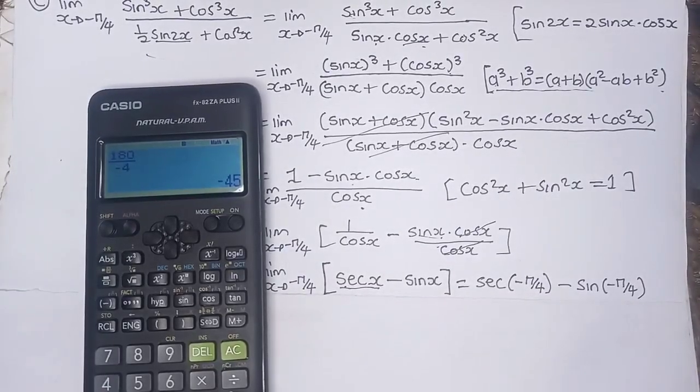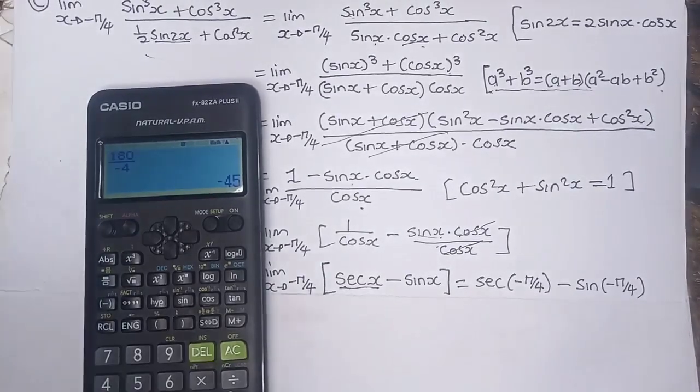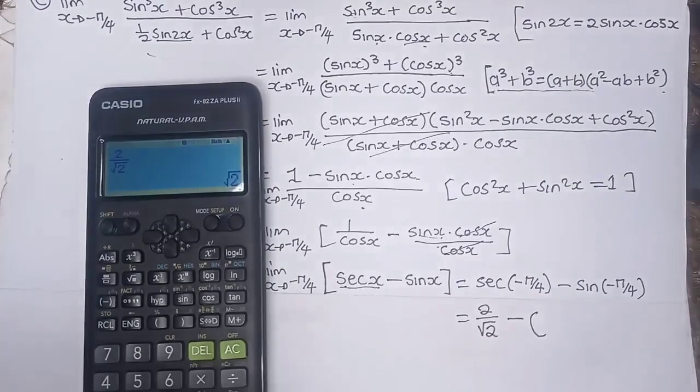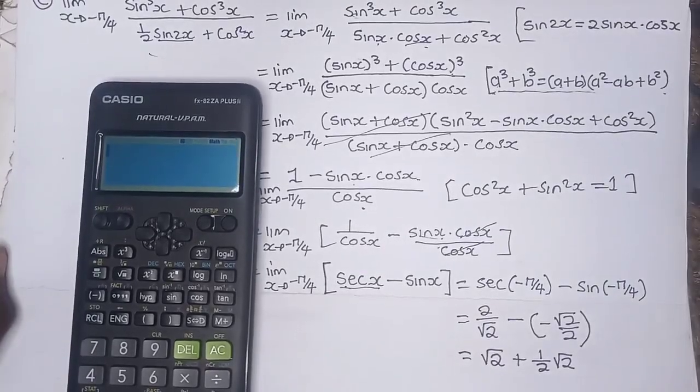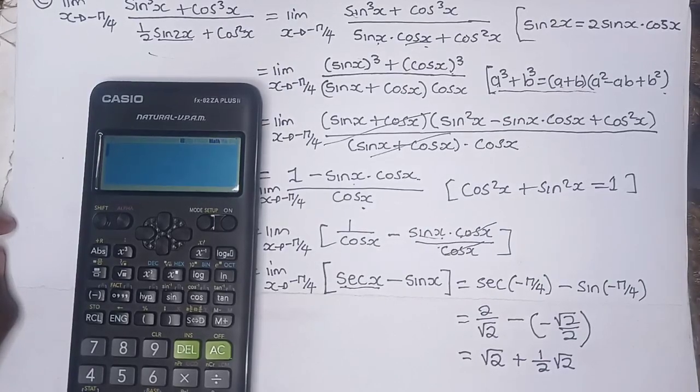That's for sec of negative pi over 4. And the sine of negative 45 degrees is given by negative root 2 over 2. So I'm having root 2 plus half of root 2, and my final answer for the limit is 3 over 2 root 2.